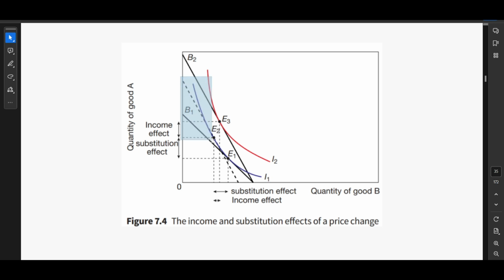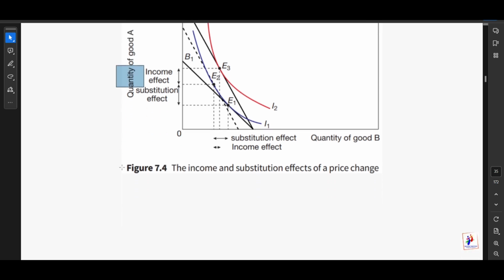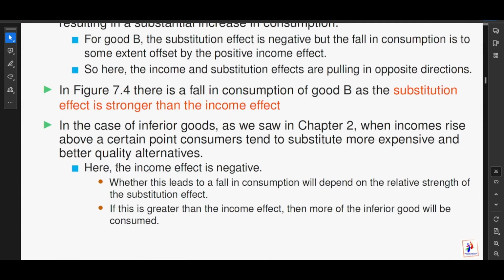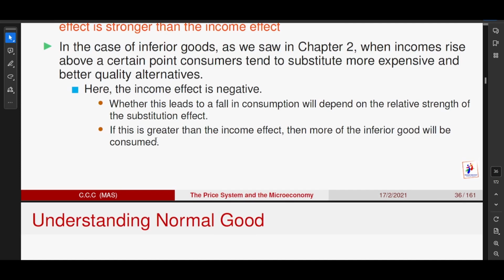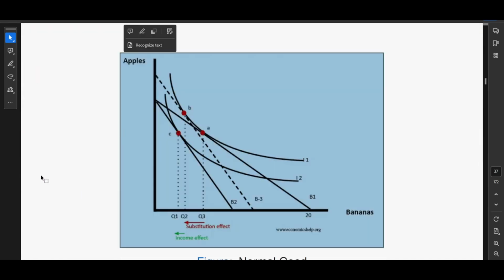If the budget decreases, then the one that they choose to consume more is an inferior good. As we know from the theory, when your income decreases, you consume more of an inferior good and less of a normal good.